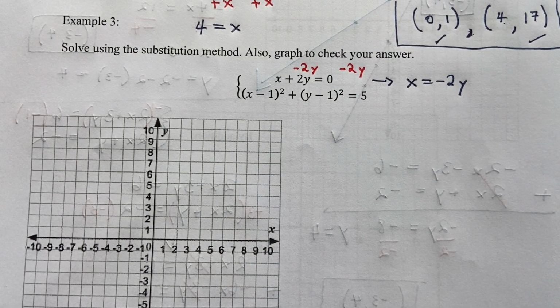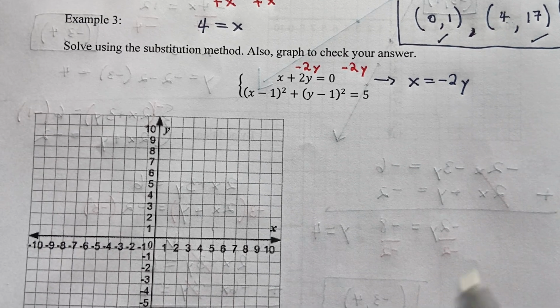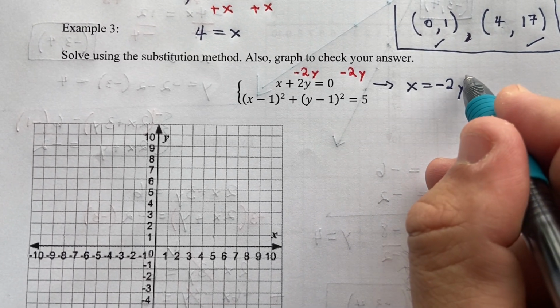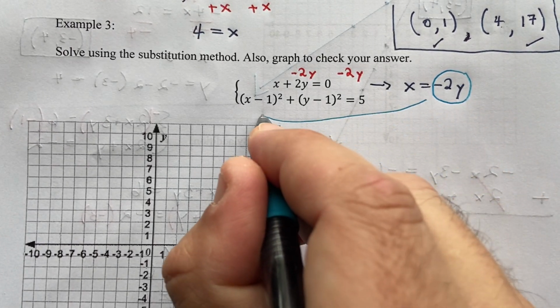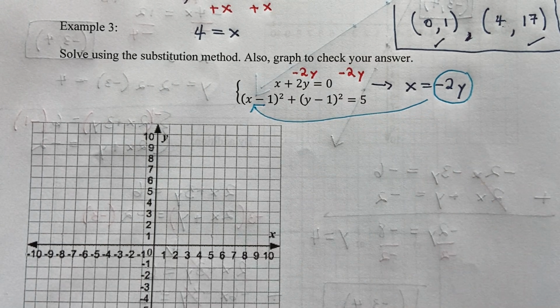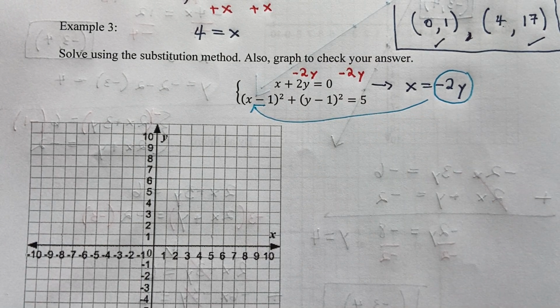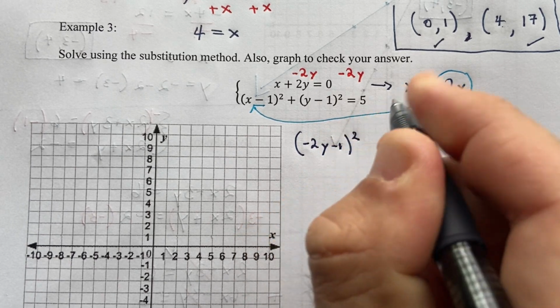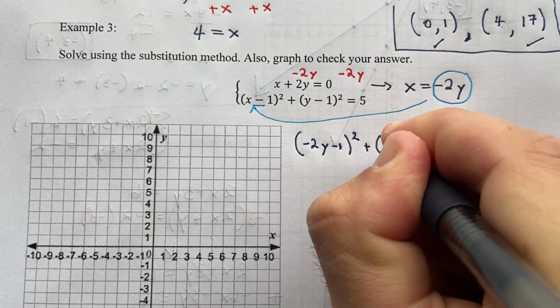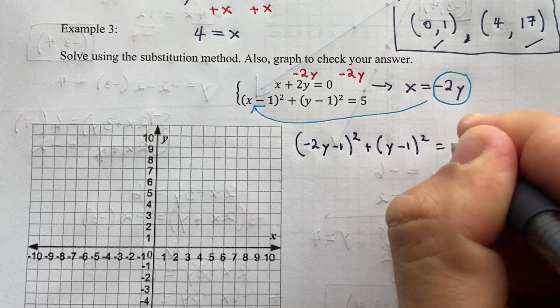And what we're going to do now is, just as before, since we're using substitution, we're going to take this and substitute it in for x. So negative 2y minus 1 squared plus y minus 1 squared equals 5.